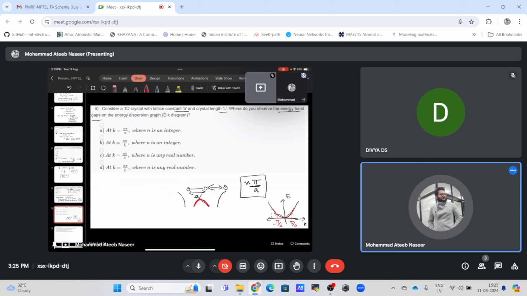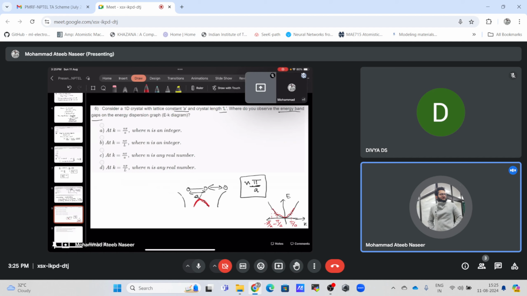Similarly, this would have been 2 pi by a. That's what we saw in that Kronig-Penney model, the energy band structure, because this is the E-k relation.